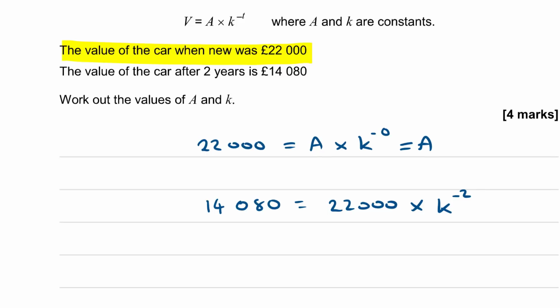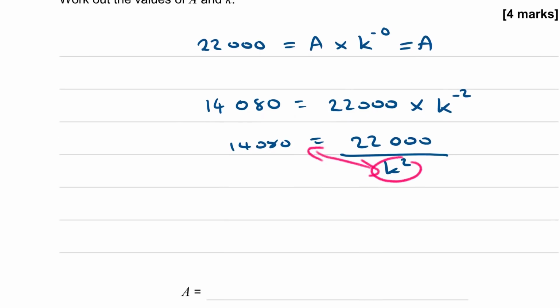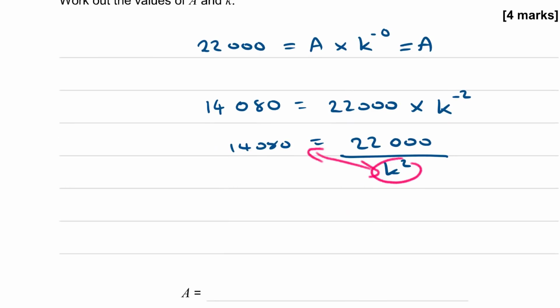So k to the minus 2 is, just going to write that out again, 22,000 divided by k squared. That's another way of writing a negative power. I think that makes it clearer how I'm going to rearrange this. I'm going to move that over there and then the other number down. So k squared is equal to 22,000 over 14,080, and so therefore k is going to be the square root of that.